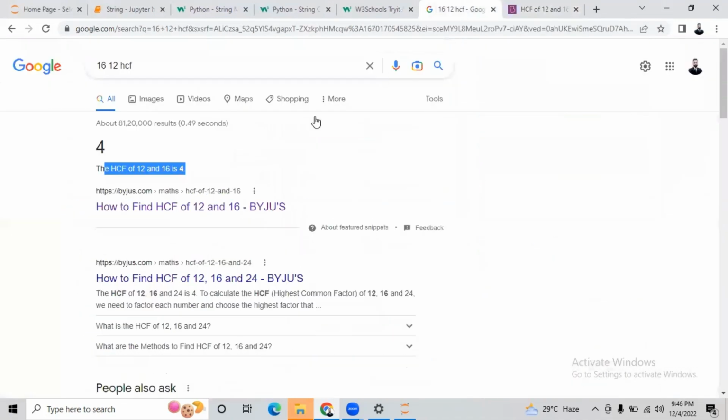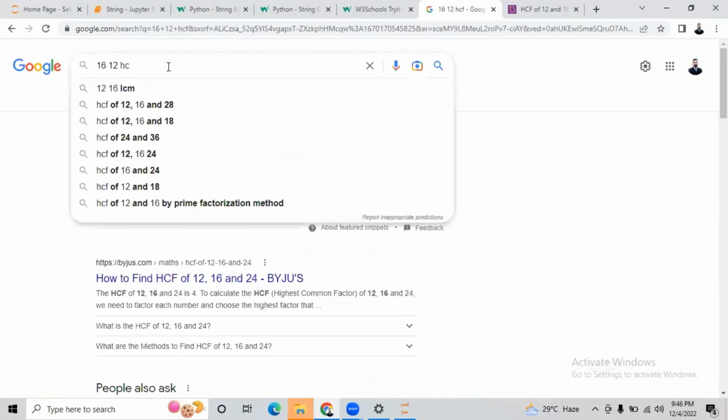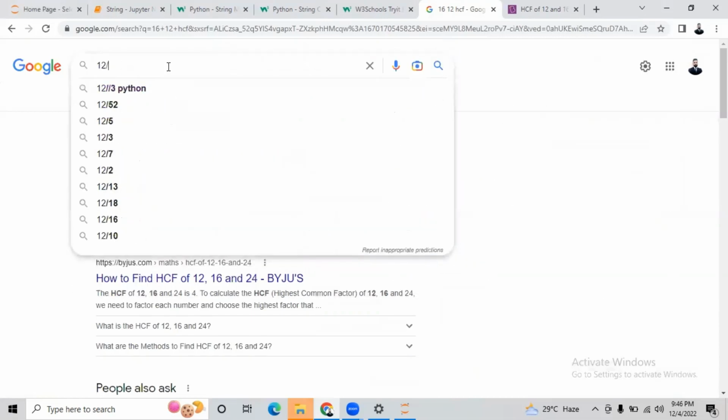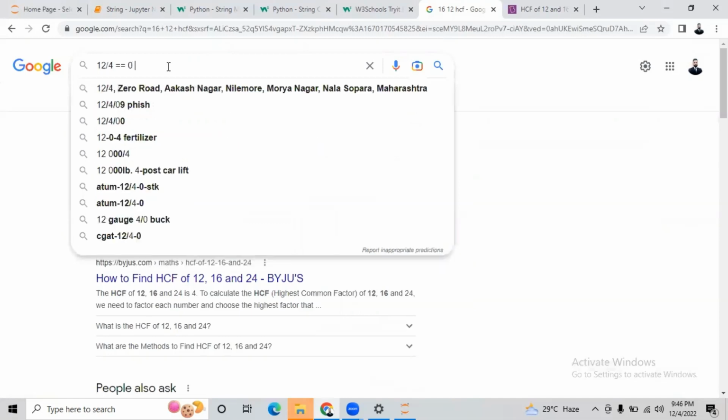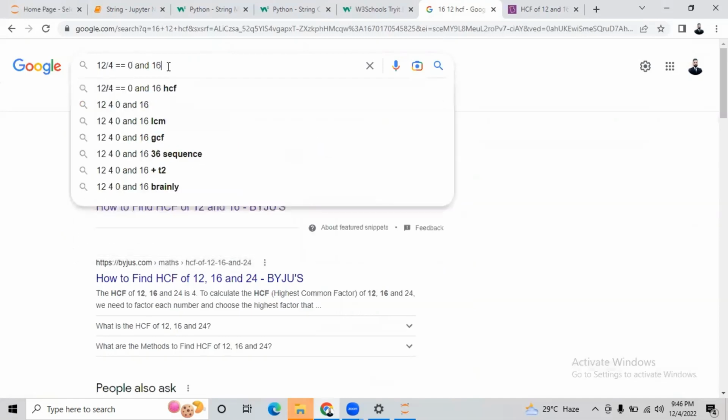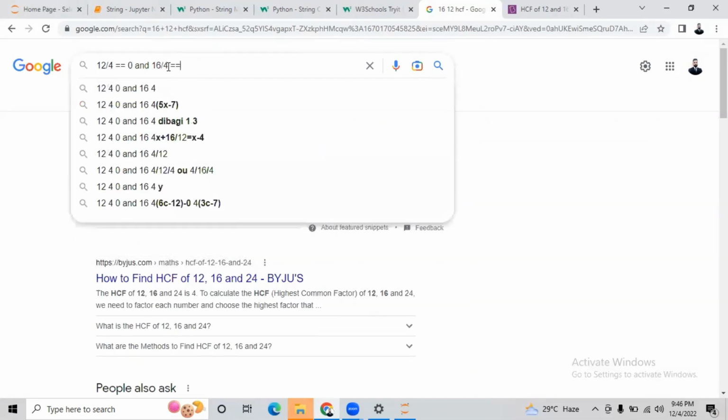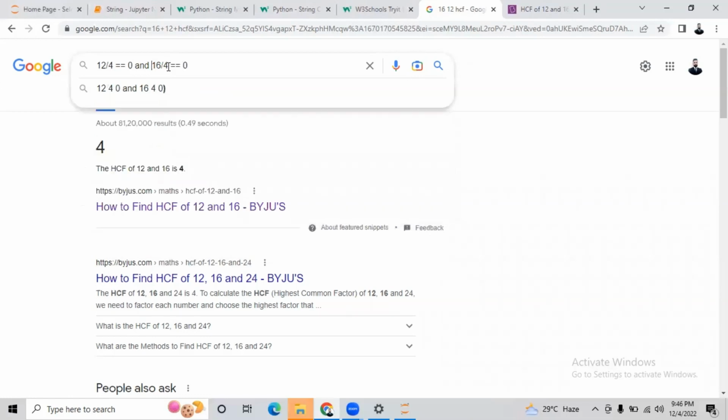We have to figure out a number which is divisible by both of these numbers, 12 and 16. If we divide 12 by 4, what will be the remainder? 0, correct? And if we divide 16 by 4, what will be the remainder? 0 only, no?